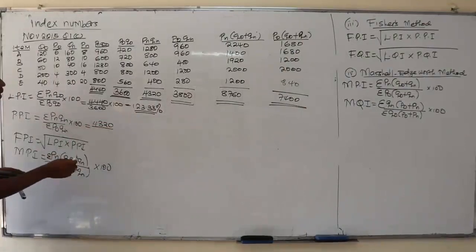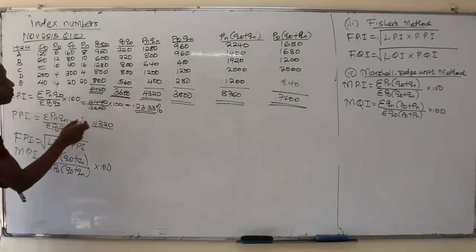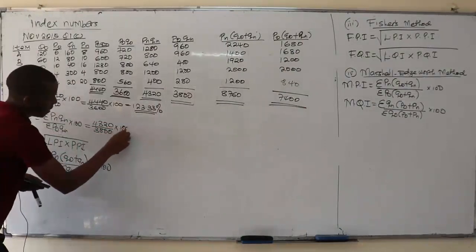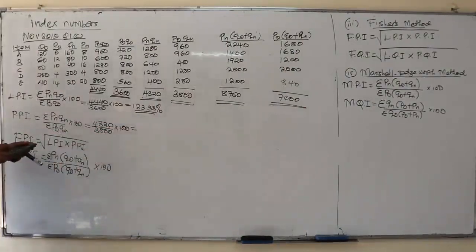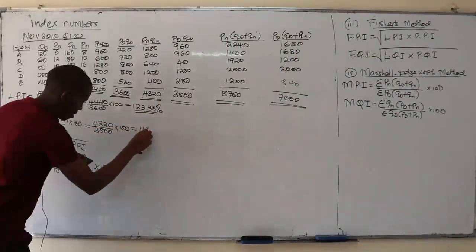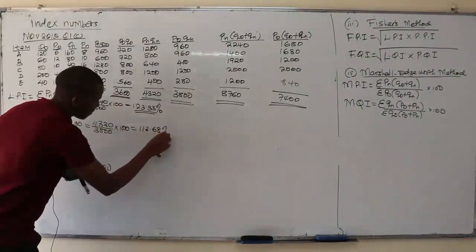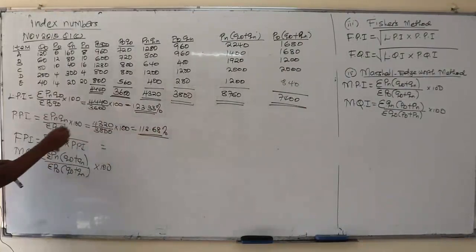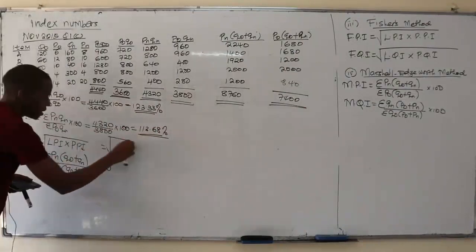You divide by P0Qn, which is 3800, multiply by 100. 4320 divided by 3800, which in that case is 113.68%.